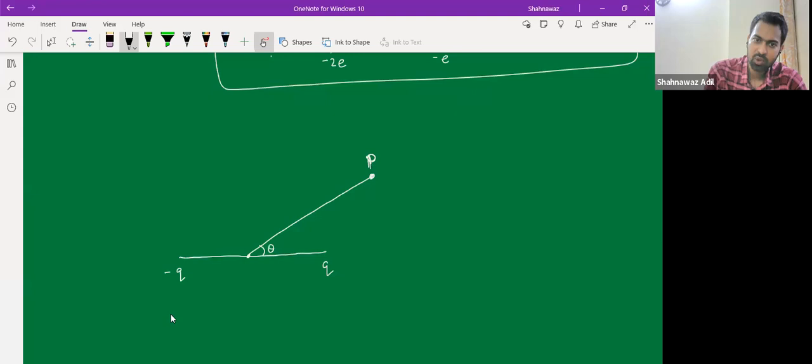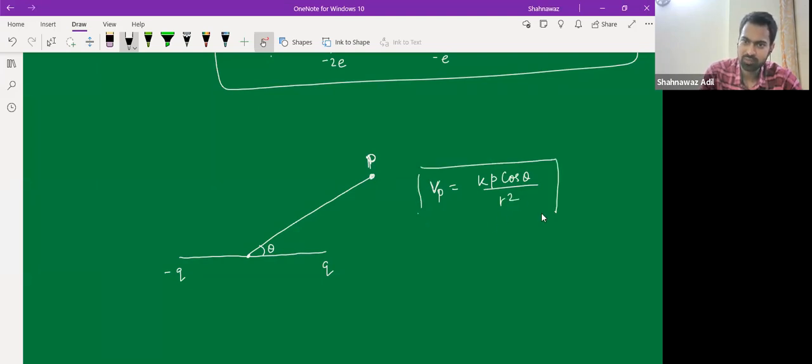What we found out was that the potential was Kp, and what is the rest, Hasib? Do you remember? No, sir, can you remind me again? The potential of this dipole at this point P was Kp cos theta by r square, right? So now you remember.